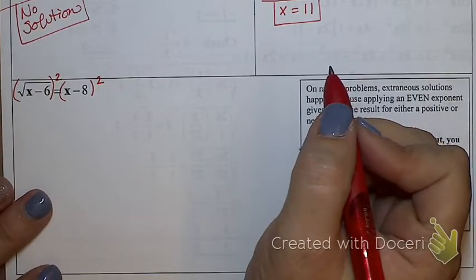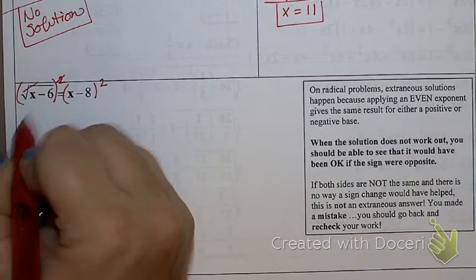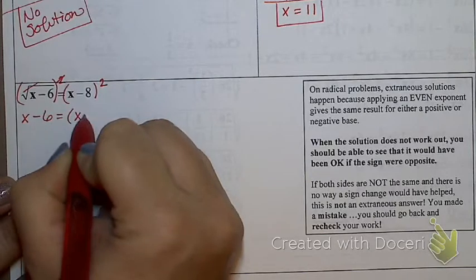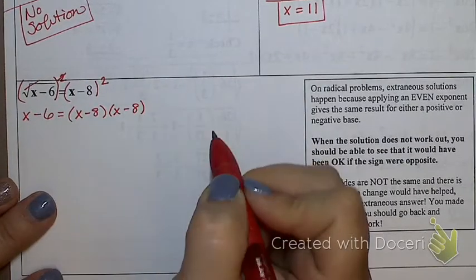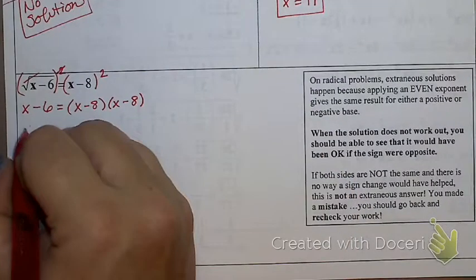I'm going to have to write it twice and like FOIL it basically, right? So here that's going to cancel out. I have x minus 6. Over here I have to do x minus 8 and x minus 8 and multiply that out, using either distributive method or box method, doesn't matter.